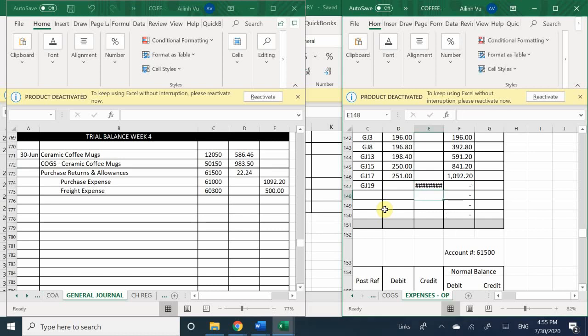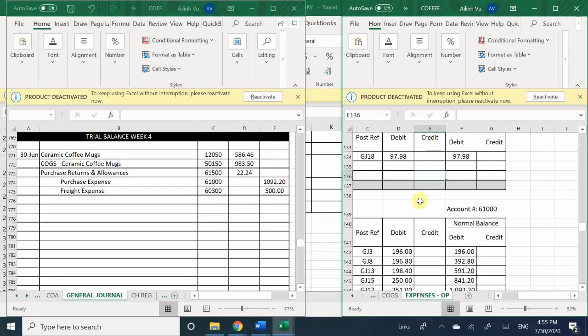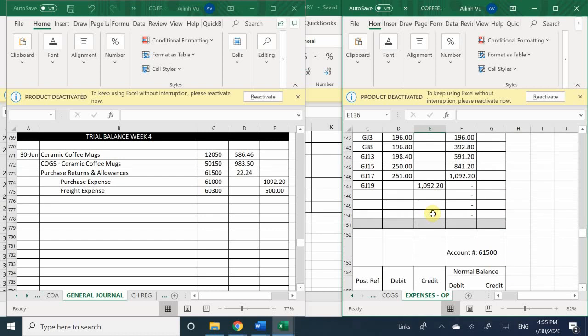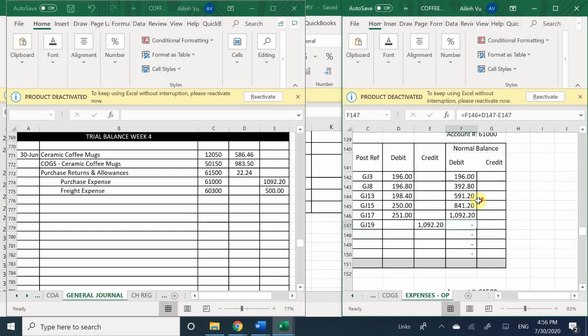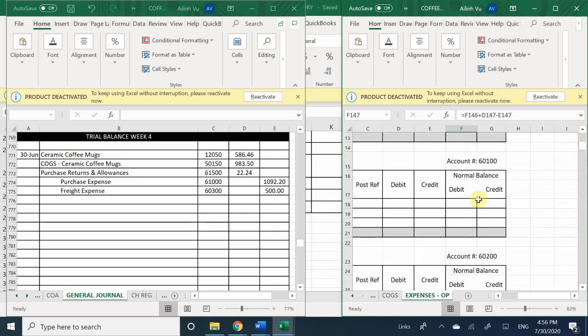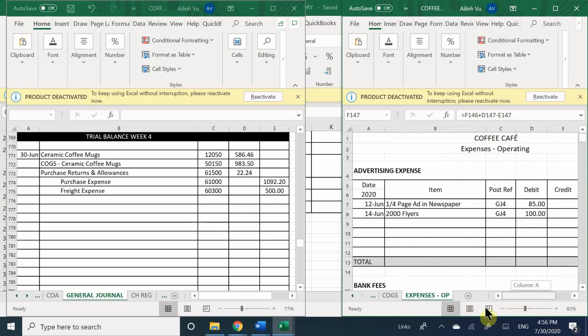Purchase expense should be 0. Well, it would help if I put it in the right area. Oh, it sure is 0. Yeah, that's the whole point. We're scooping everything out of the purchase expense, zeroing it out, because we converted it into inventory. So it's supposed to be 0.